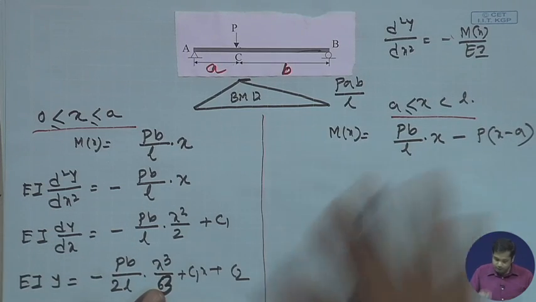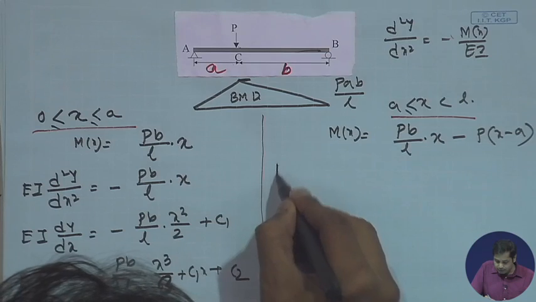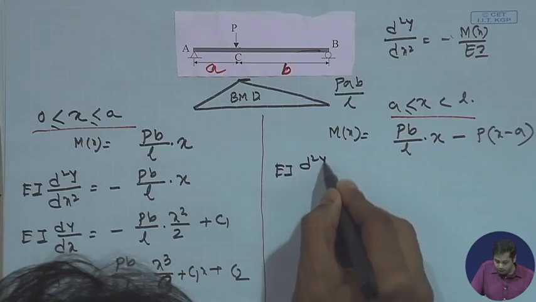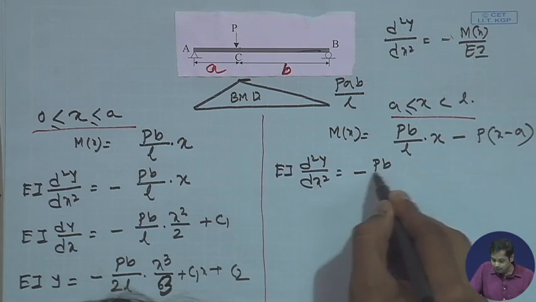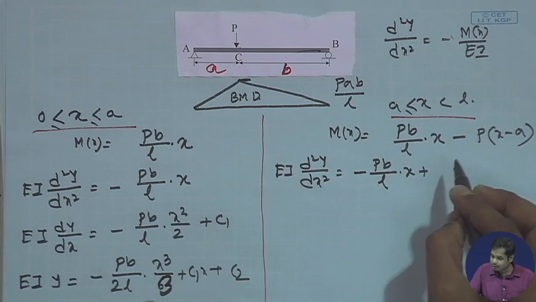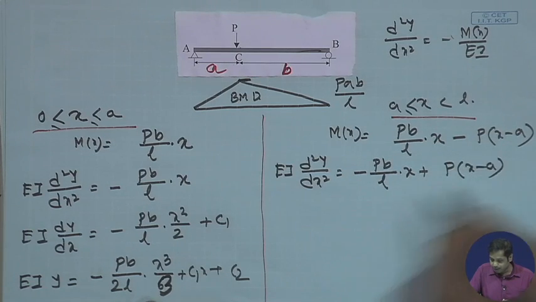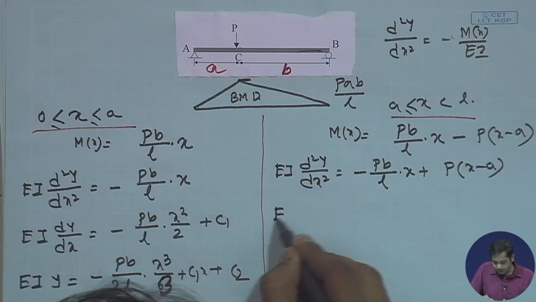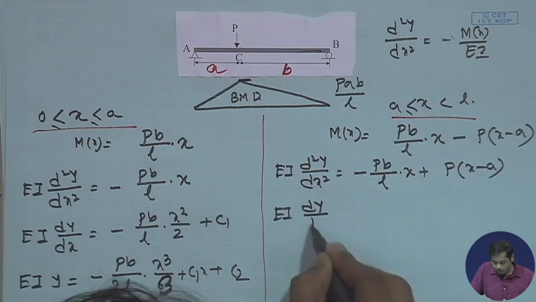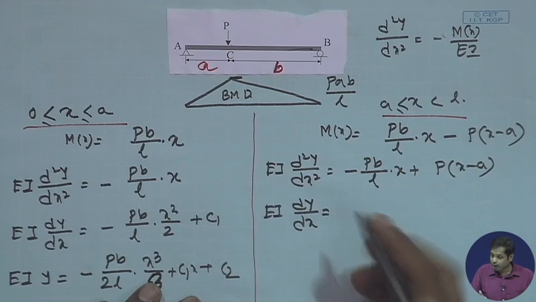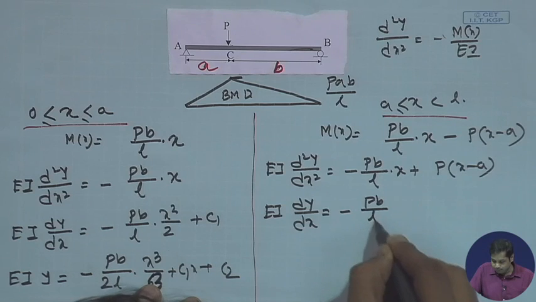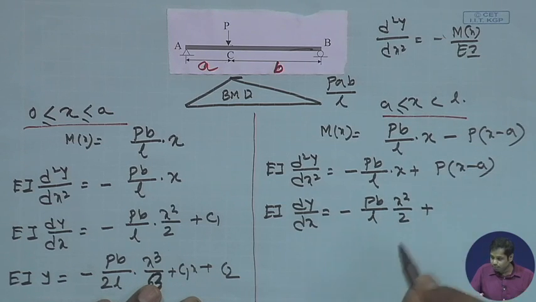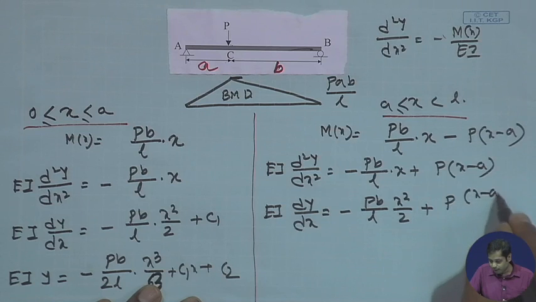Now, let us do the same thing for this part. So, this is EI d2y/dx2 is equal to minus of this, minus Pb by L into x plus P into x minus a. So, EI dy/dx integrated first time becomes minus Pb by L x square by 2 plus P into x minus a whole square by 2 plus C3.